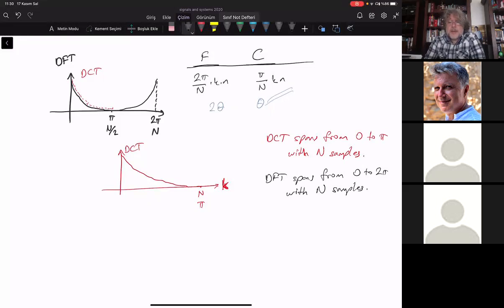But I'm telling you that actually the information that they contain are the same. So the DFT spanning from 0 to 2 pi with n samples is a little bit redundant then.